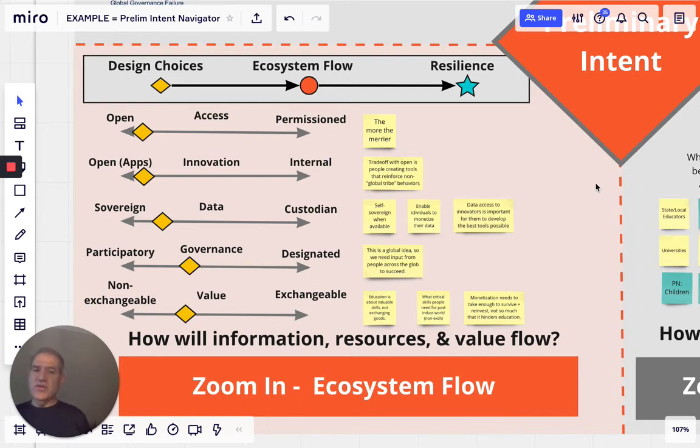And so it's how you're looking at that and how that impacts your ability to attract people to the ecosystem and keep them there. So that's this zooming exercise around your business model, around ecosystem flow.